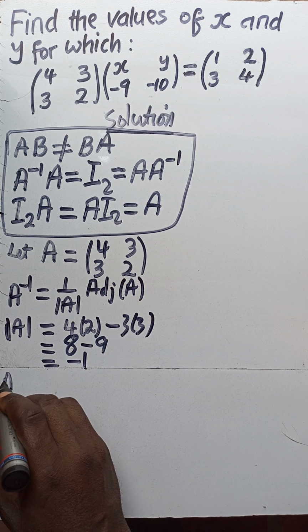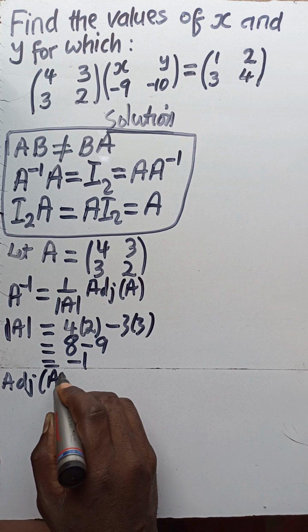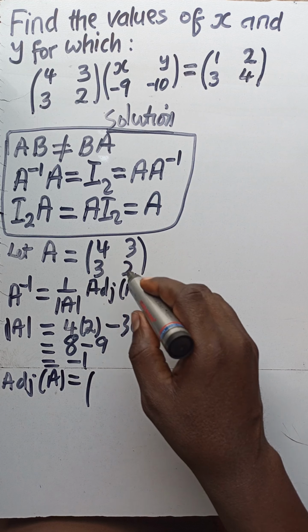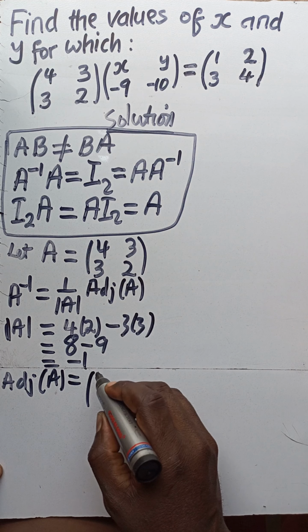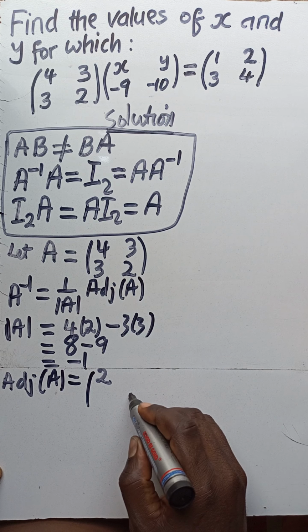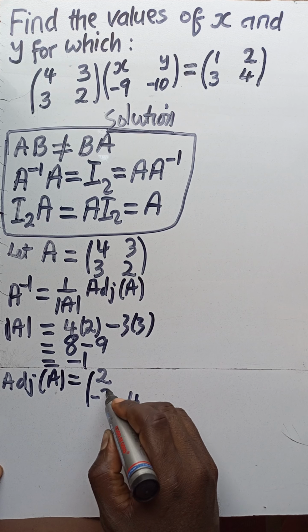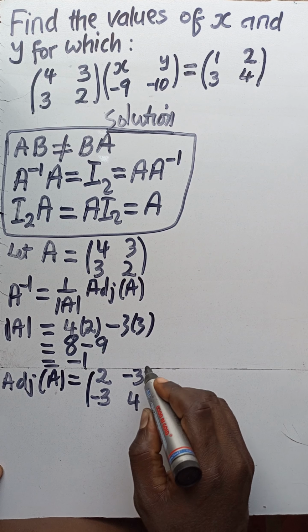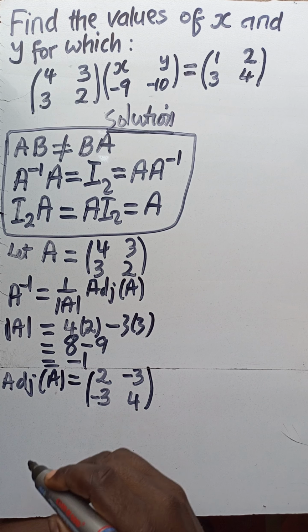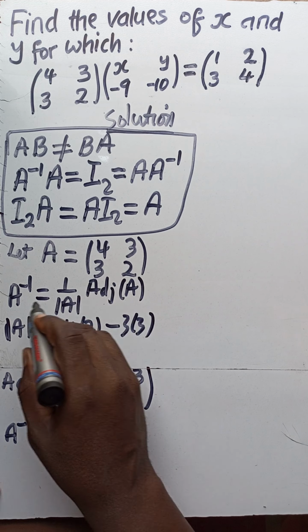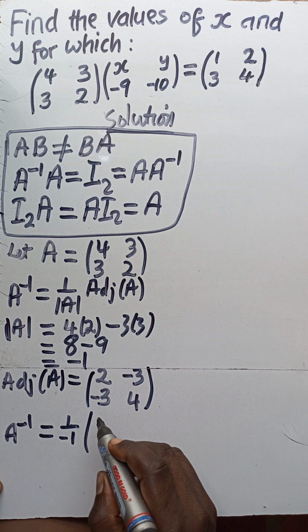And the adjoint of that matrix is obtained by interchanging the position of elements in the leading diagonal. So this 2 will go up, and this 4 will come down. And then we multiply elements of the alternate diagonal by a negative sign. This gives us the adjoint of the matrix A, so that the inverse of that matrix A will be 1 over negative 1, following that formula, multiplied by the adjoint.